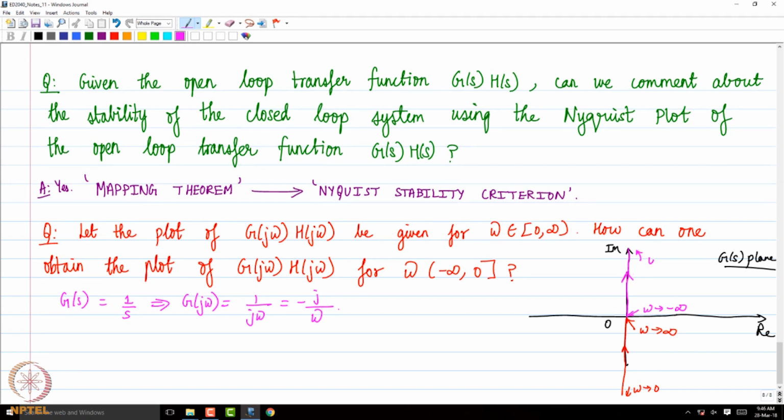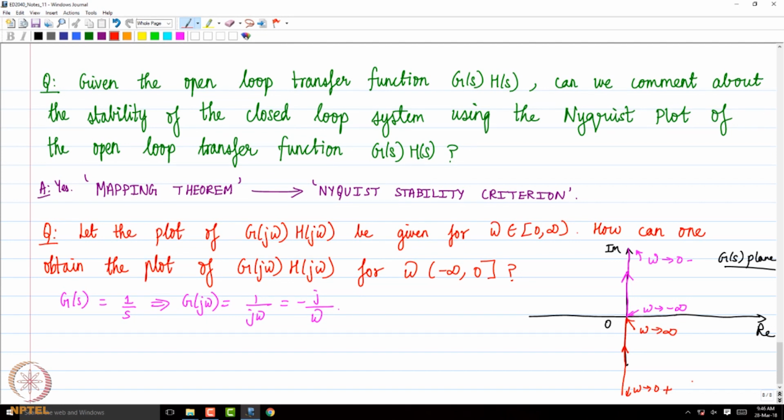This is omega tending to 0 minus. I am putting a 0 plus and 0 minus just to indicate from which side I am coming to 0. 0 plus means I am going to 0 from the right. 0 minus means I am coming to 0 from the left, the negative side.